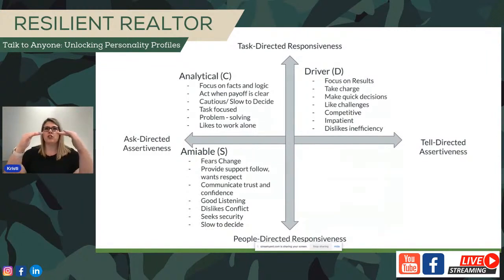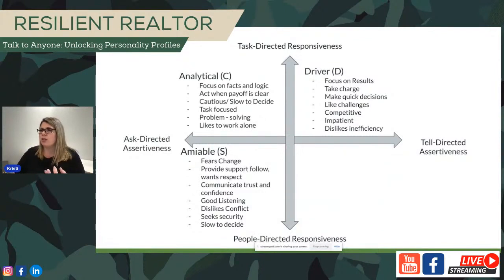Now we're shifting gears below that line, and we're shifting to people directed. So an Amiable is highly focused on team building and making sure that there's that office harmony or that group dynamic. They know that great results come through people. And so that's when I say it's a support role.